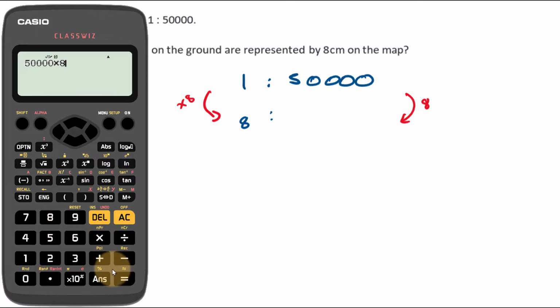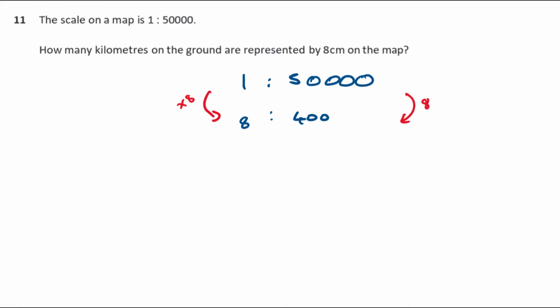Times 8, that comes out to be 400,000. Okay, so that means that 8 centimeters on the map is going to be represented by 400,000 centimeters in reality.